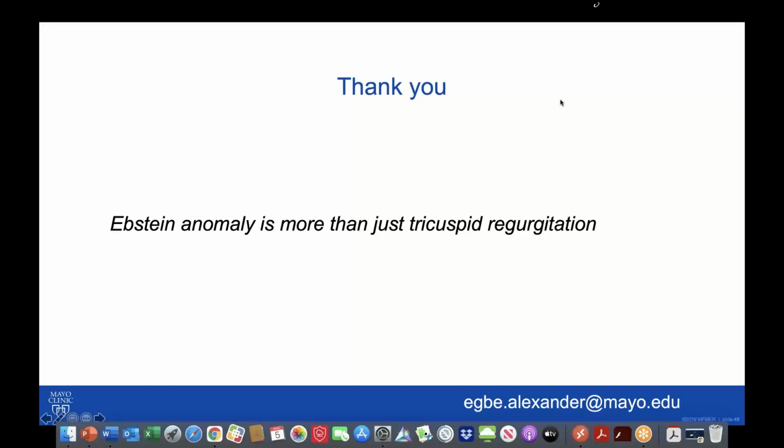So I don't know exactly why that's the case, but what I can deduce from the data is that for whatever reason there is LV dysfunction, and it is progressive in these patients.